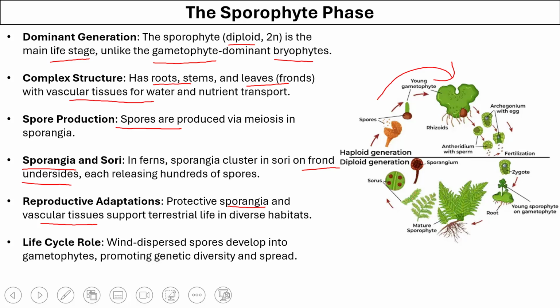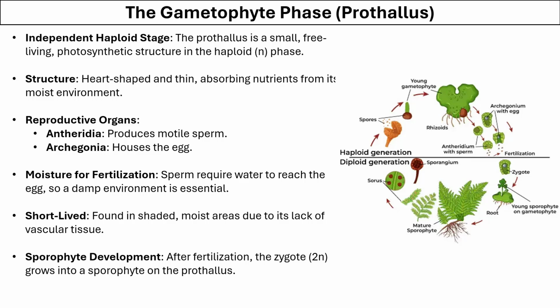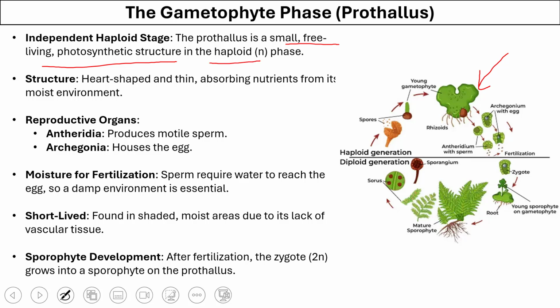Wind is usually required for the dispersal of spores, which end up forming the gametophytes. The gametophytes in Pteridophyta form the prothallus. They are small, free-living, photosynthetic structures, and they are haploid in their chromosome number. The thallus is heart-shaped, thin, and can absorb nutrients and moisture from its environment. They have structures called antheridia and archegonia for the production of sperm and egg respectively.